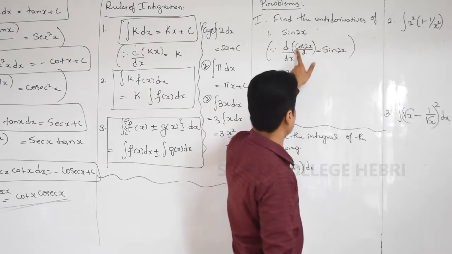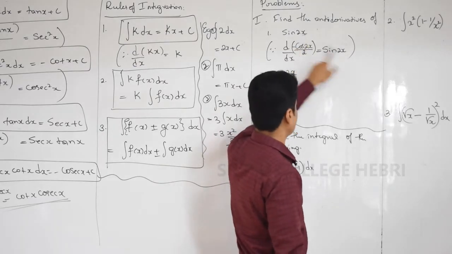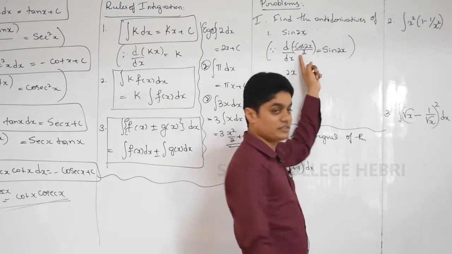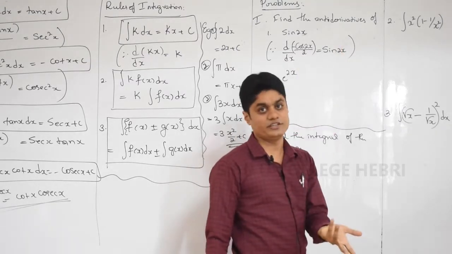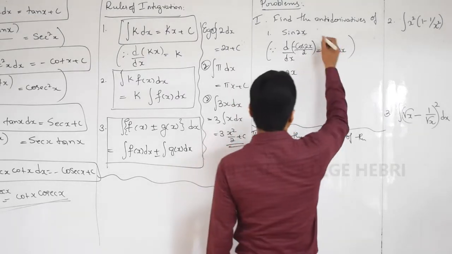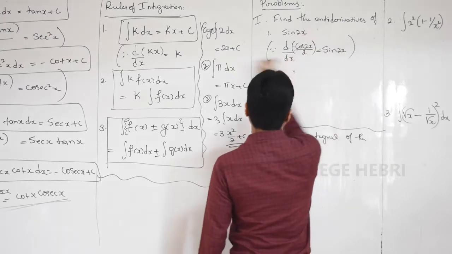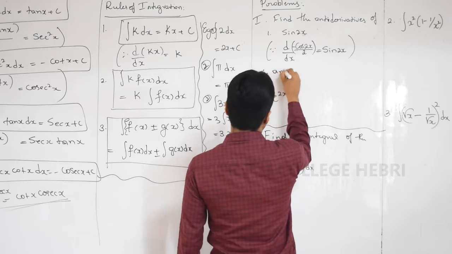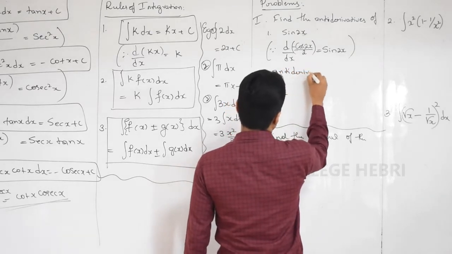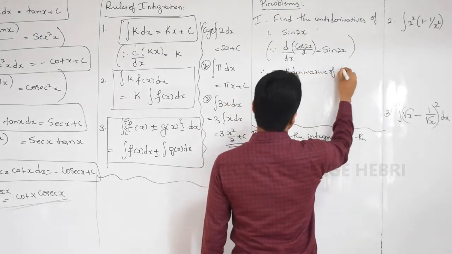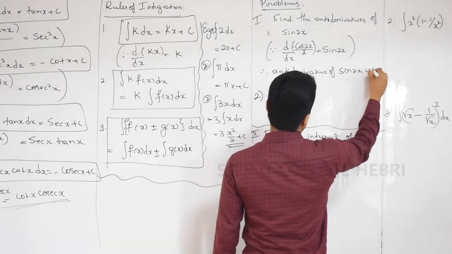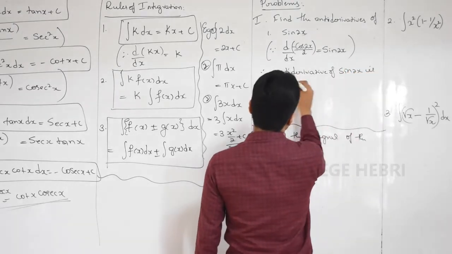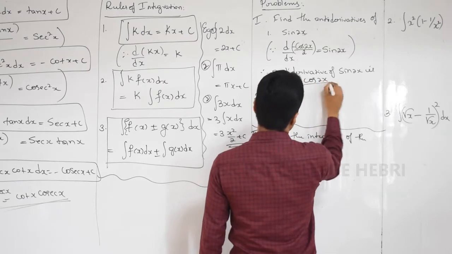Differentiation gives sin 2x into 2, that 2 will cancel with this 2, so what remains is sin 2x only. So therefore the antiderivative of sin 2x is, tell me, yes, it is minus cos 2x divided by 2.